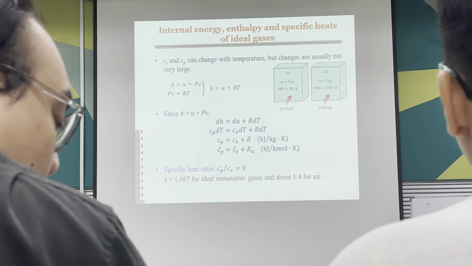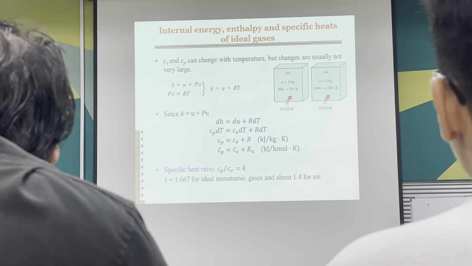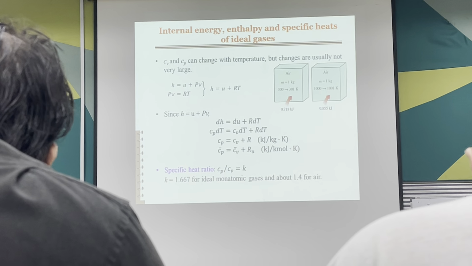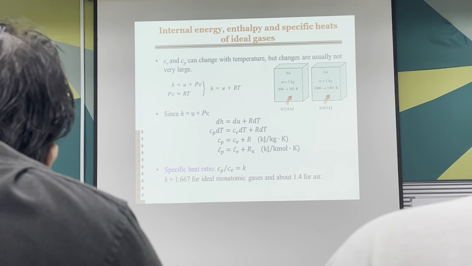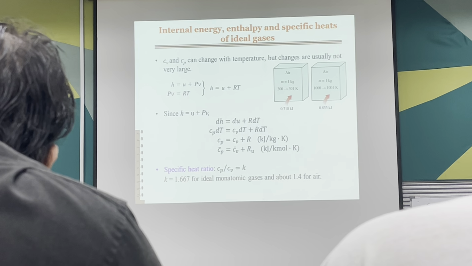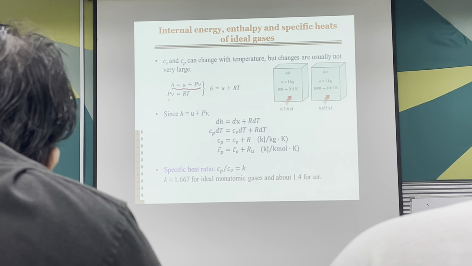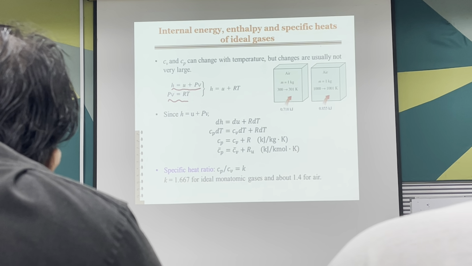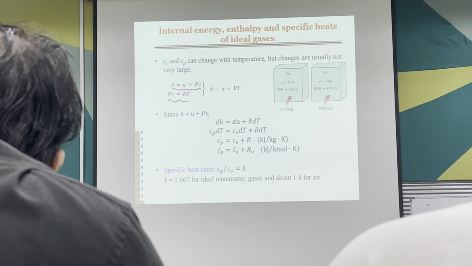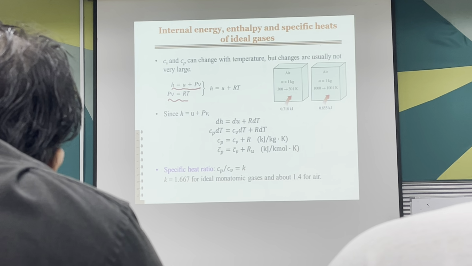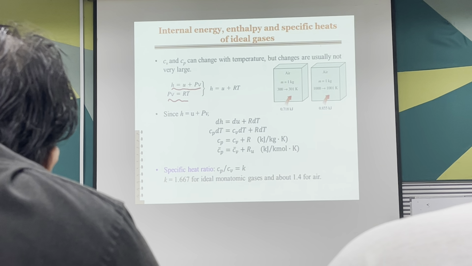Here again we have some derivation. One very interesting thing you can see is this: we know H equals U plus PV. But from the ideal gas equation, we know that Pv is equal to RT, without the m, because here we are talking about specific volume, small v.